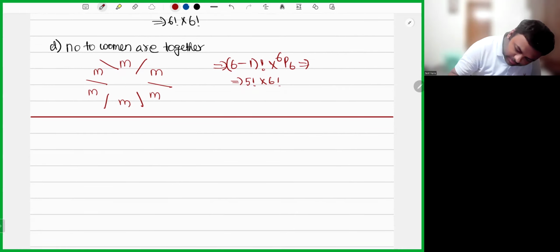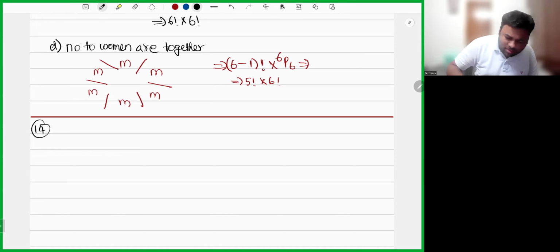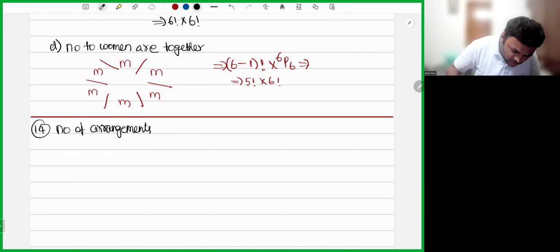Point number 14. This point number 14 is an important one. I'm telling, number of arrangements of 10 things taken 4 at a time.